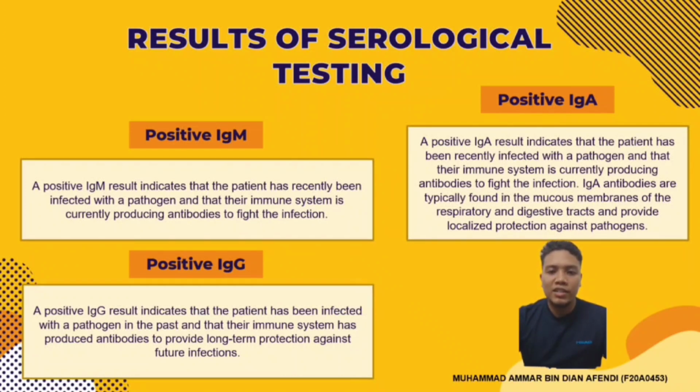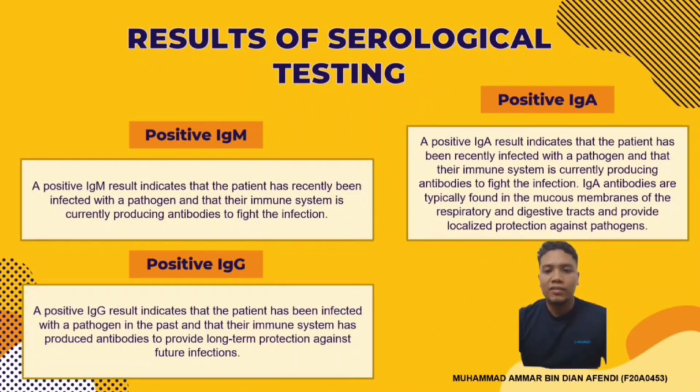Positive IgG. A positive IgG result indicates that the patient has been infected with a pathogen in the past and that their immune system has produced antibodies to provide long-term protection against future infection. IgG antibodies typically appear in the blood several weeks after the infection and may persist for several years.